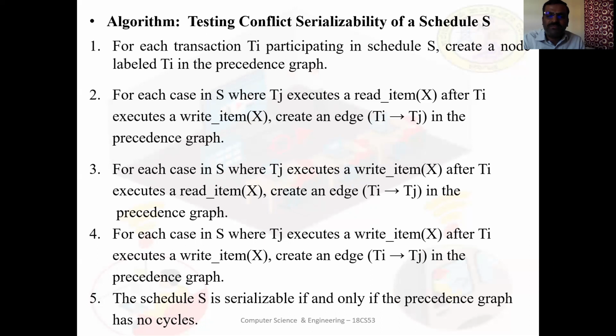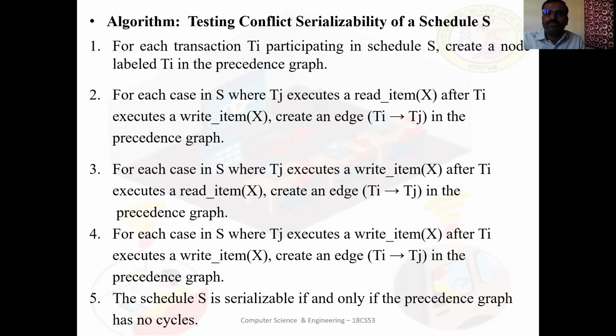Create an edge from Ti to Tj in the precedence graph. The schedule S is serializable if and only if the precedence graph has no cycles.